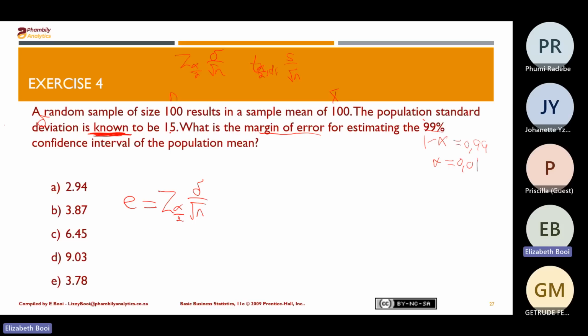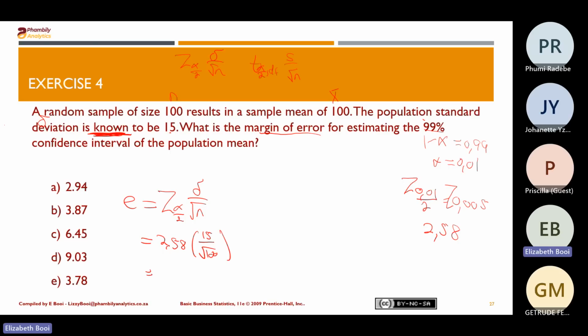So what is our critical value? We did this and then we stopped it. 2.58. Yes. So we're going to just use 2.58 times our population standard deviation of 15, divided by the square root of N, which is 100.